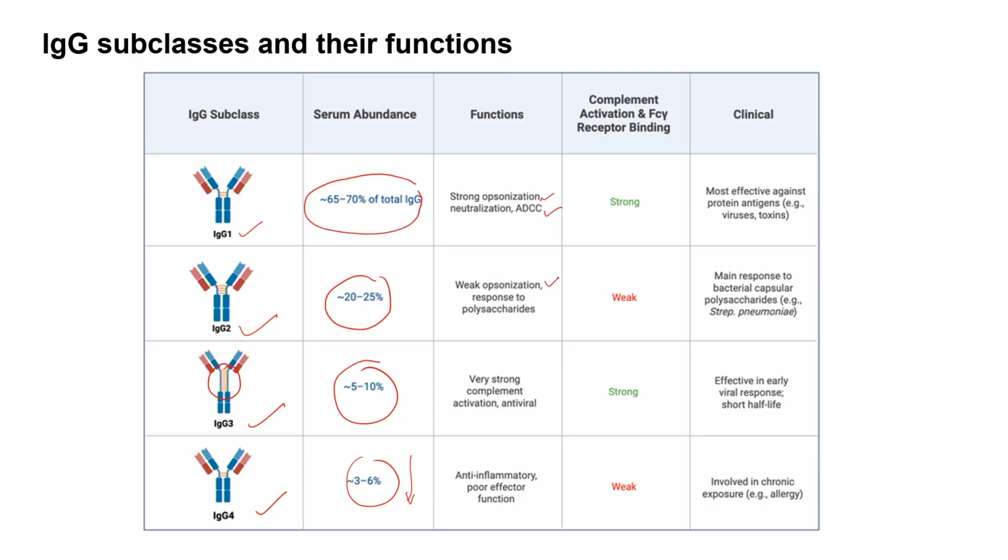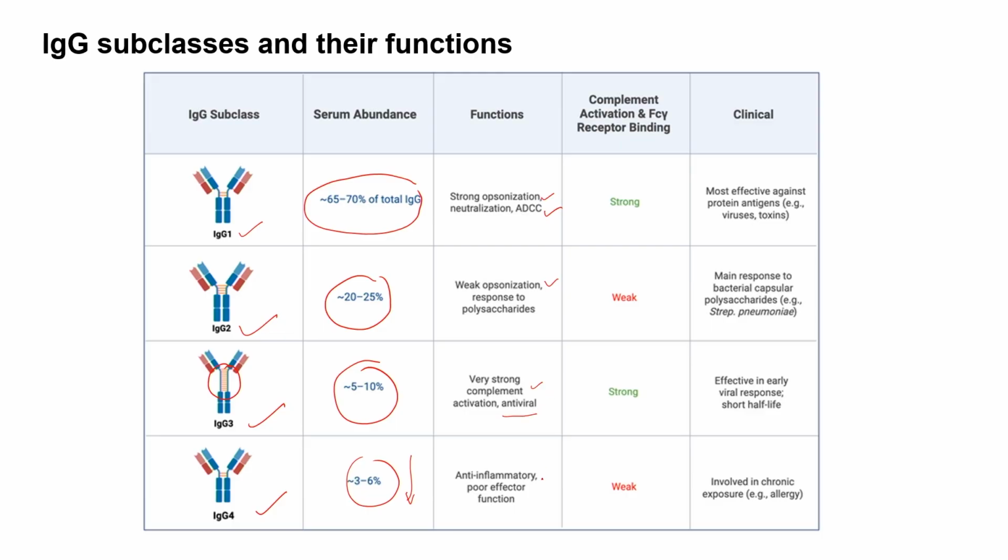IgG2 is weak in opsonization activity, and it generally responds towards polysaccharides. So their response is mostly abundant when the antigens are polysaccharide in nature. Again, IgG3 has very strong complement activity. People have reported this antibody upon viral infection, so it is considered antiviral.